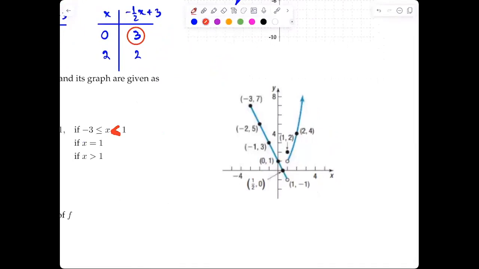From negative 3 to 1, union with 1 to positive infinity. So that's good. I could give you full credit for that. So -3, I assume you include -3 in this case because you start at -3. To 1, union with 1 to positive infinity. Do you include brackets here? Yes or no? Maybe. Which one?